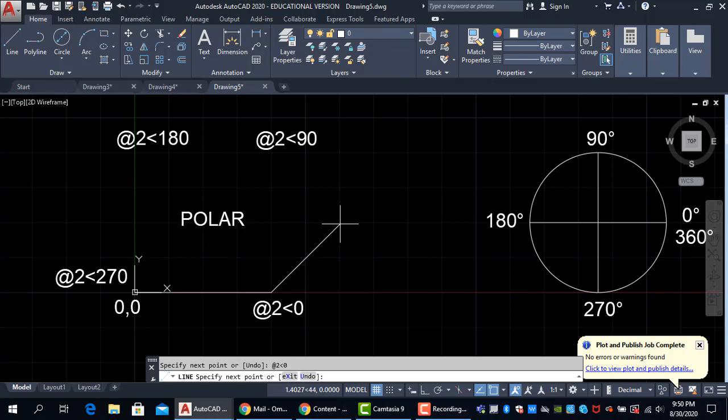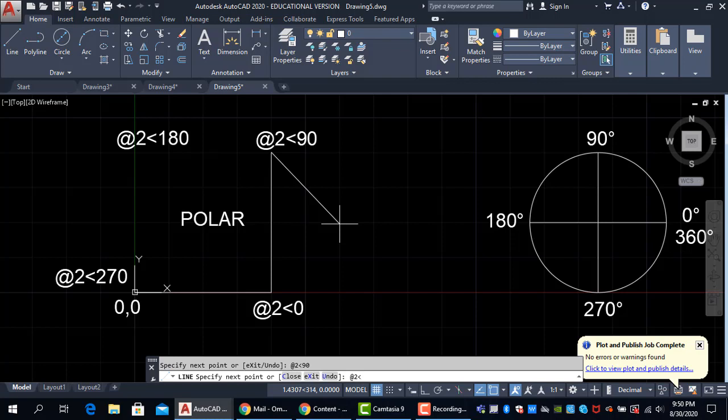See? Now we want the line to go straight up. What is the distance? Still 2. So we're going to put at 2, angle. Now we want the line to go straight up, so it has to be 90 degrees. So we put 90. We now need that line to go left. So the distance, we put at 2, what degree? 180.